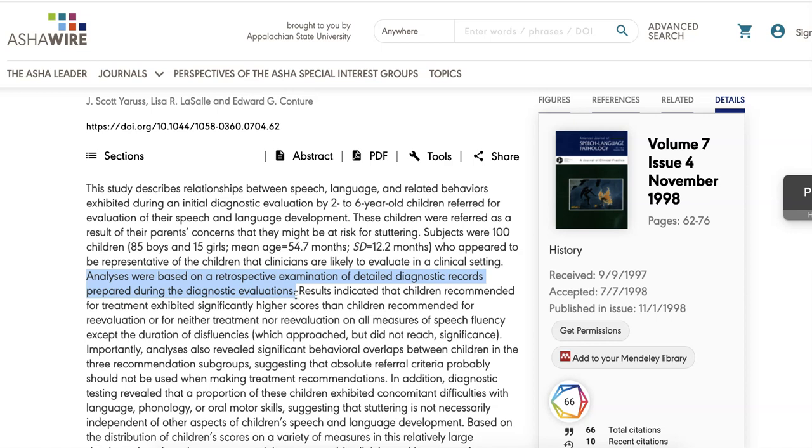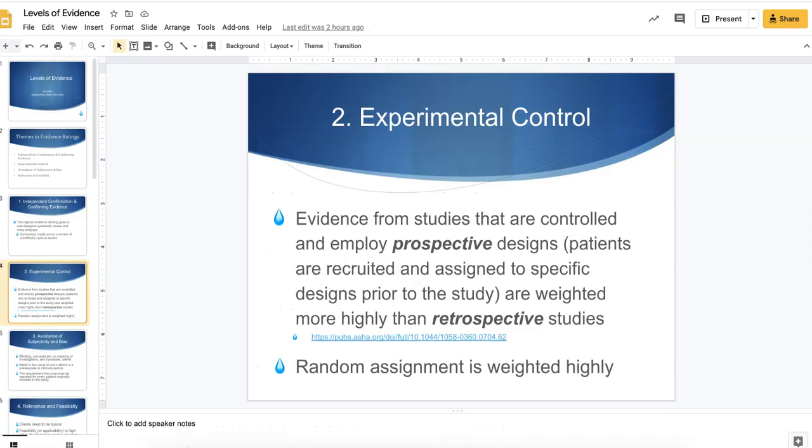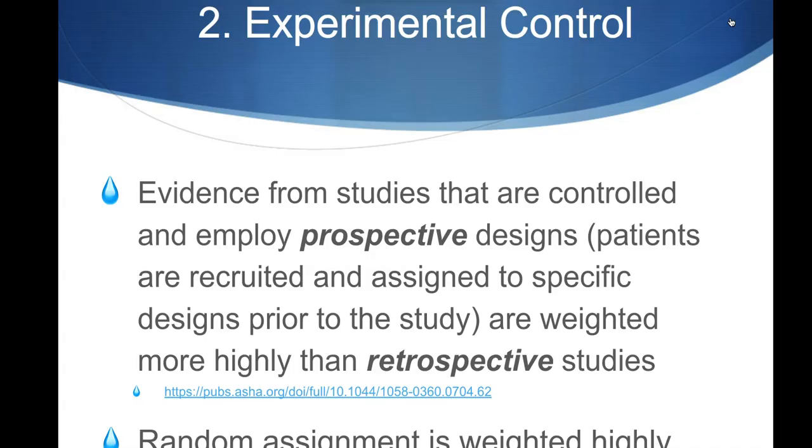You don't have the same kind of control. You don't have the same knowledge that things were counted a certain way, things were done a certain way. So that's why prospective designs, ones that you design and then collect the data a certain way, are going to be weighted much more highly.